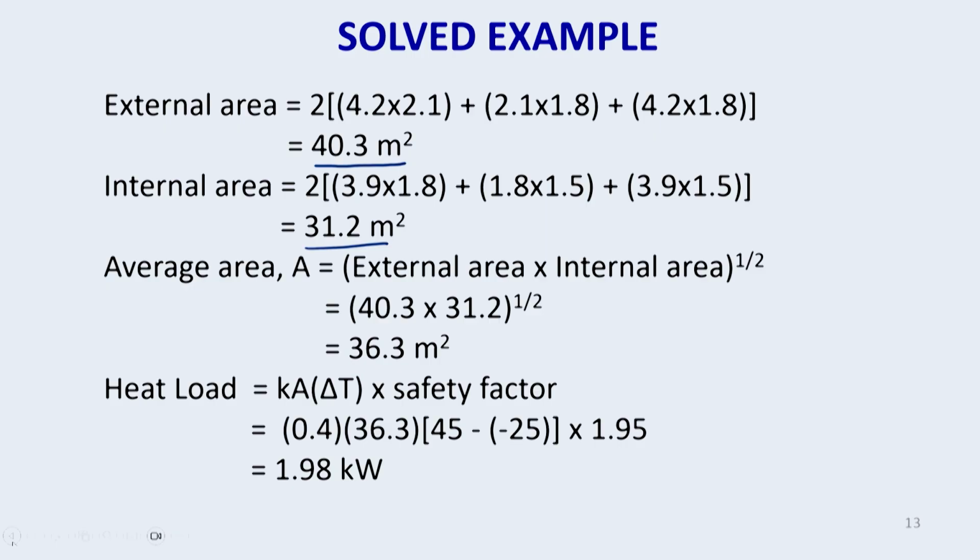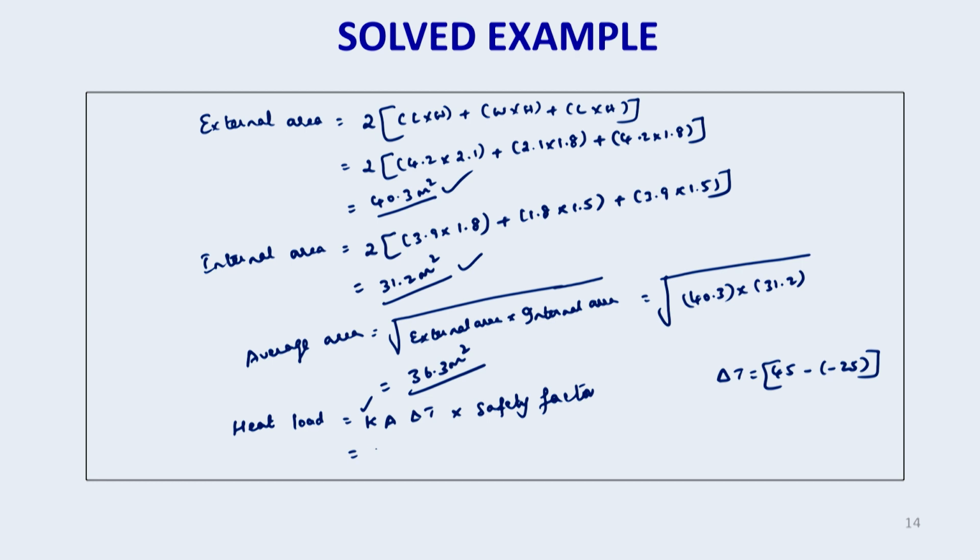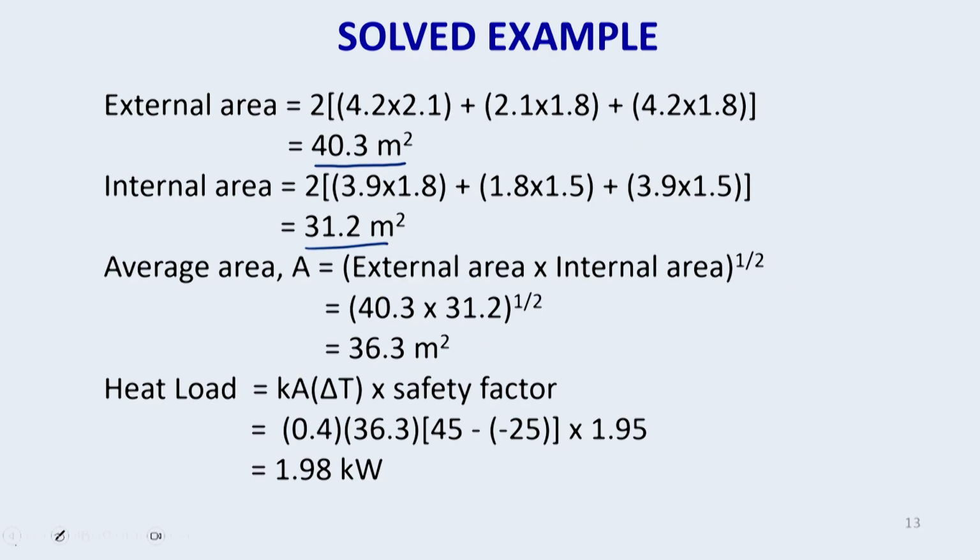And the area is the average area. So this is equal to 0.4 into 36.3, the average area we have calculated, into delta T, 45 minus of minus 25, into the safety factor.